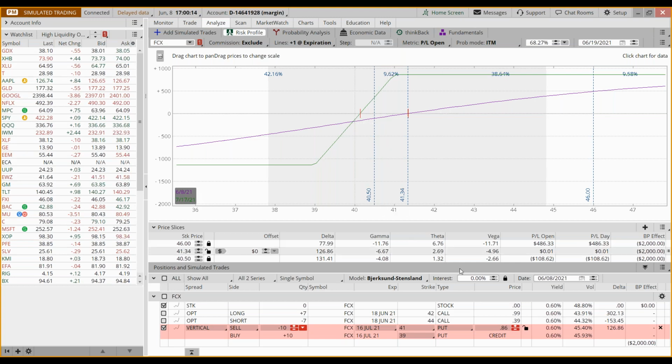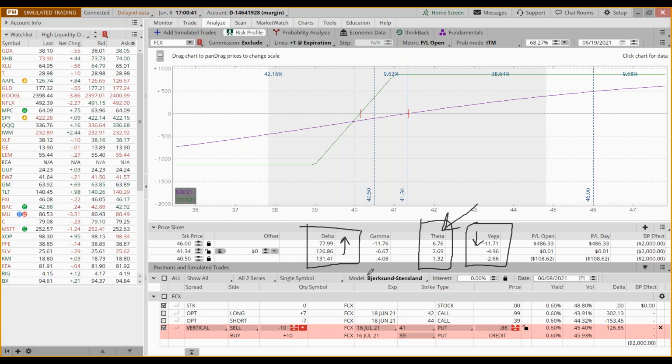What are my expectations here? So you'll notice my time is positive. How do I know that? Because my theta tells me I'm making money from time decay, positive theta. I'm making money from volatility going down. I'm negative vega. I'm making money from the stock going up.